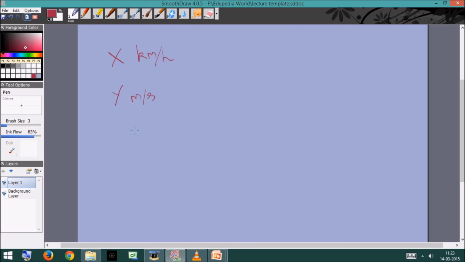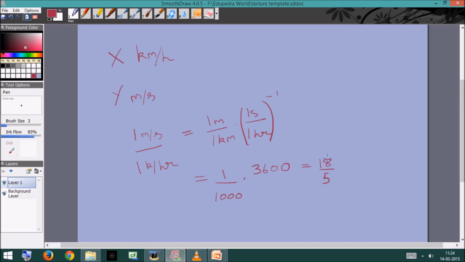So we know that 1 meter per second by 1 kilometer per hour is equal to 1 meter by 1 kilometer, 1 second by 1 hour to the power minus 1. Right. So from that we can see this is 1 by 1000 times, and hour is 3600 seconds, so this becomes 3600. That becomes 18 by 5.